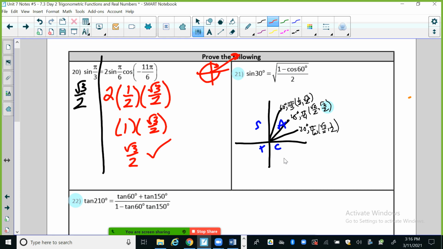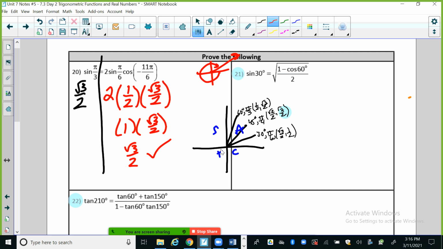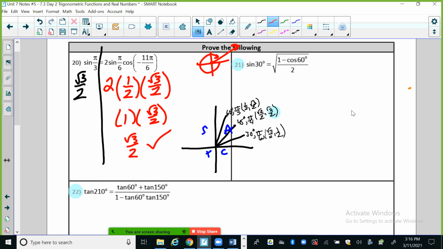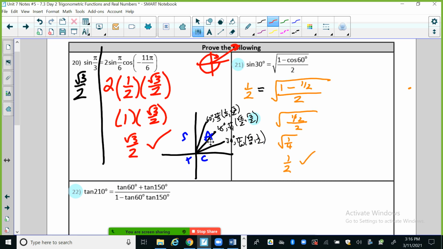All right, I was hoping we'd have time for you guys to try one on your own. Time's going to run really short. But go ahead, give 21 a try. If you were working ahead, I'll show both answers to 21 and 22. If you were not working ahead, probably won't have time really to do either, but I want to make sure that the answers are shown just in case. So if you were working ahead, here is the answer to 21.